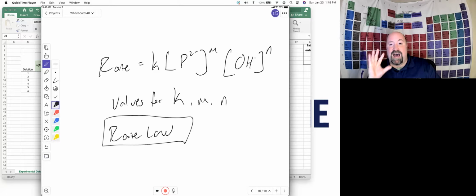So again, what I really want you to focus on is that we are using technique number 2 when we look at kinetics in general. We graph various things about concentration as a function of time: either just the concentration over time, the natural log of the concentration over time, or 1 over the concentration versus time.